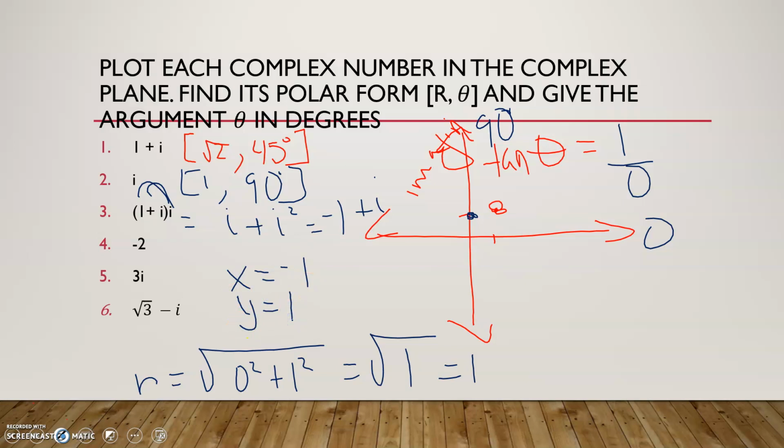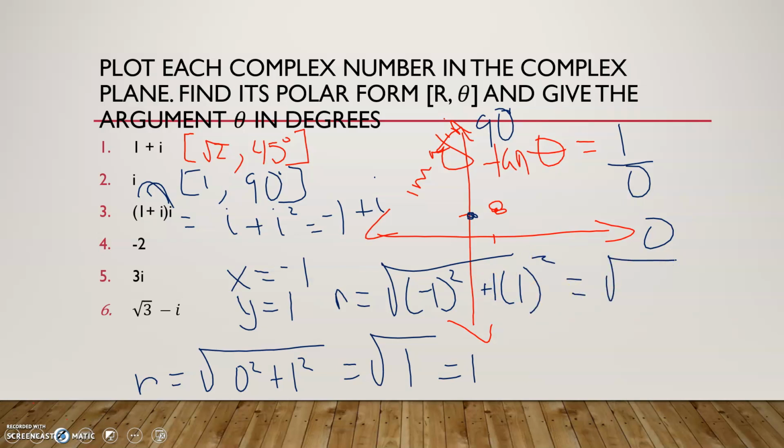So if I plug it into the r formula, I get r is equal to the square root of -1 squared plus 1 squared, which is equal to the square root of 2. And then for my angle, tangent is equal to 1 over -1.